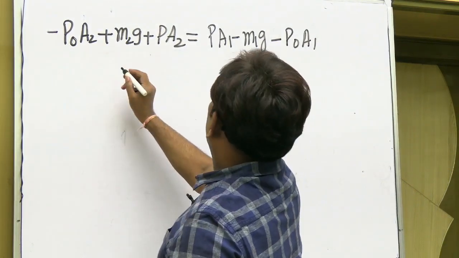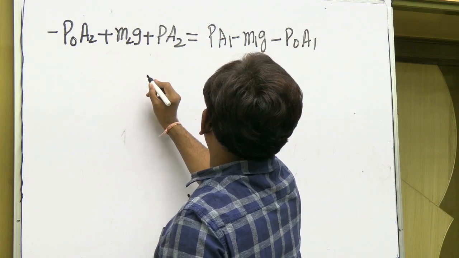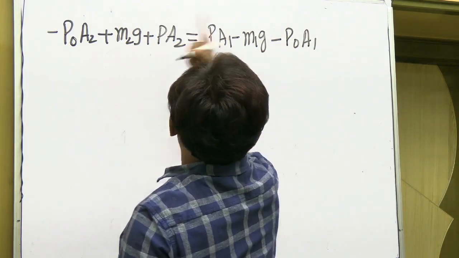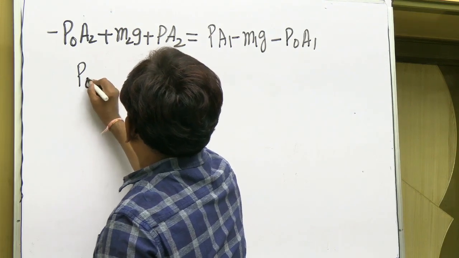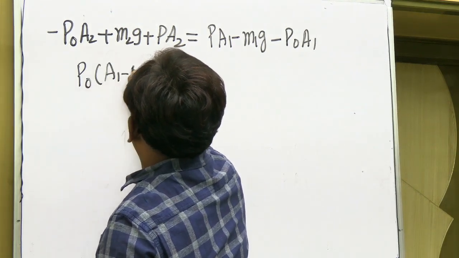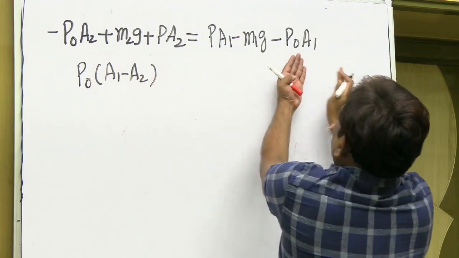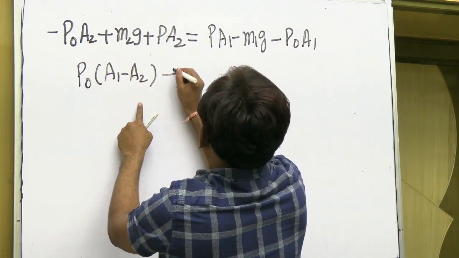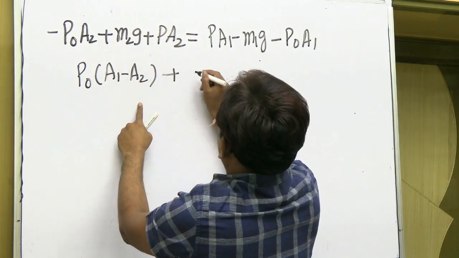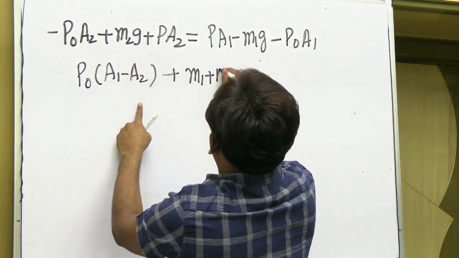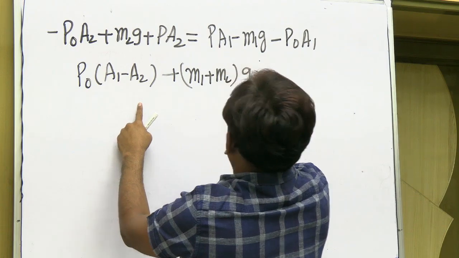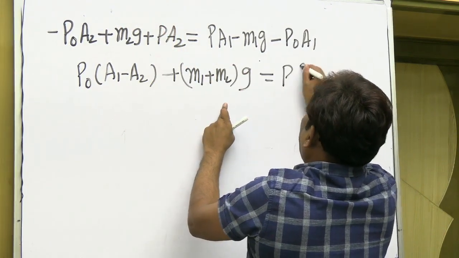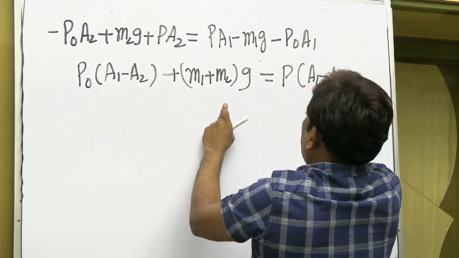Chalo, what we do is, this P0 I'll take to this side. P0 into A1 minus A2. I repeat, this P0 comes this side, so P0 into A1 minus A2, plus M1G let it go to this side, so M1 plus M2 into G, is equal to, bring this to this side, so it will be P into A1 minus A2.